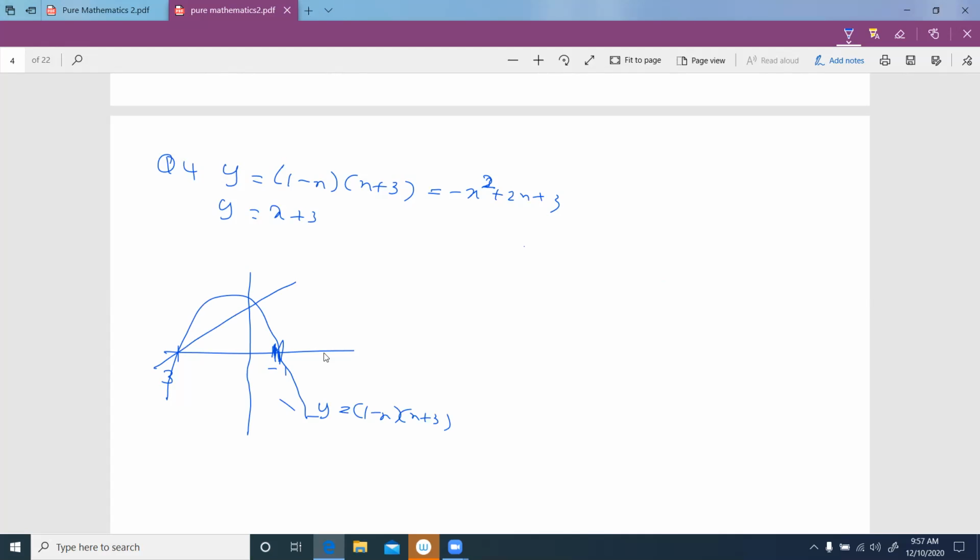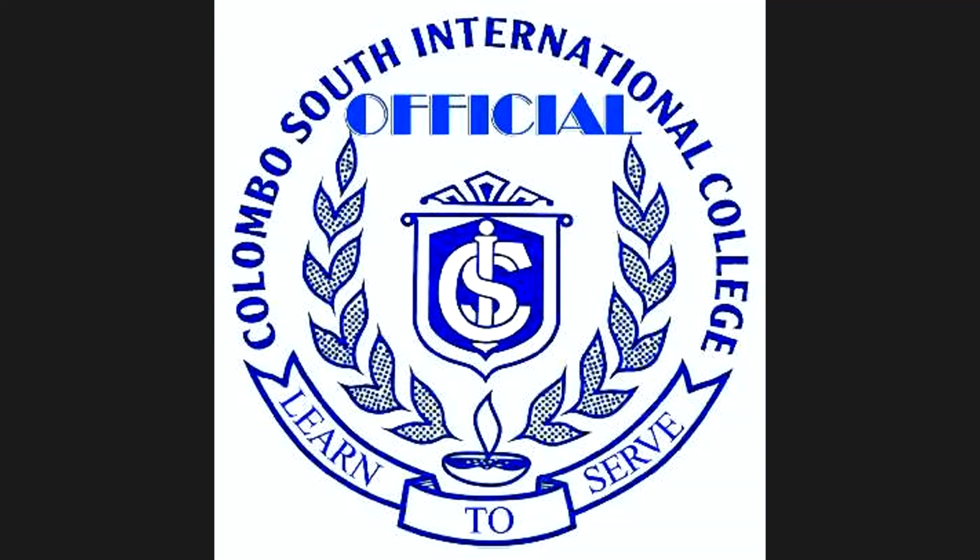When you draw it perfectly, you can understand that the intersection of the y-axis is 3, and this one is also passing through 3. So the perfect graph for this would be like this. Okay, children.